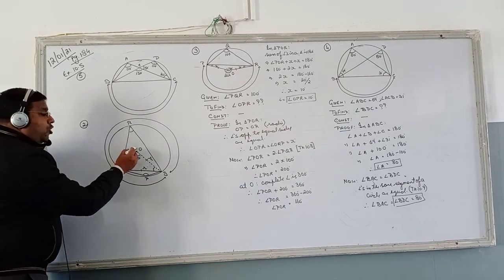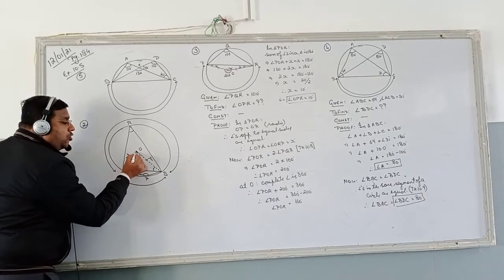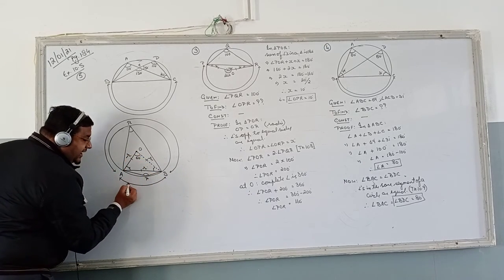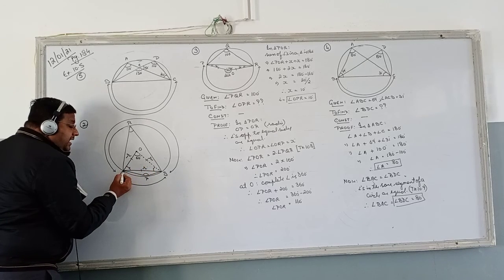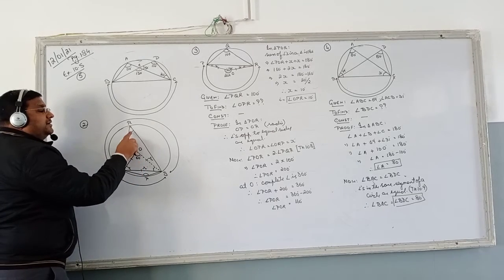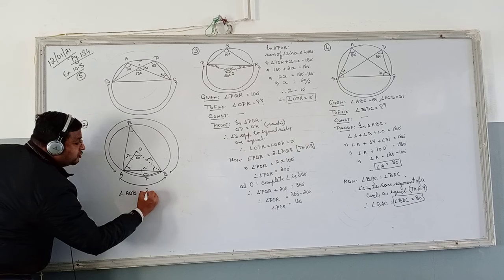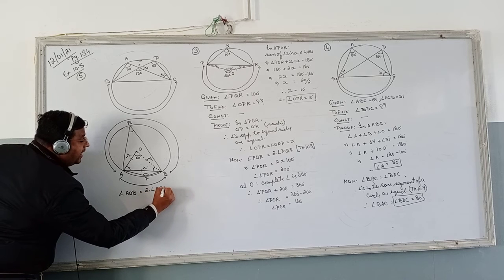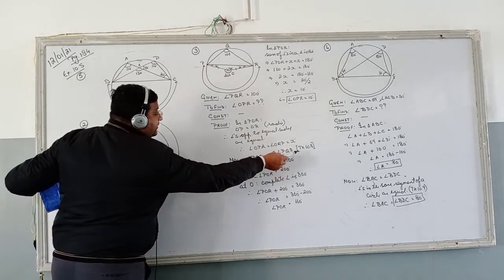Now observe, observe, observe. See, this angle O is at the center. Angle AOB, on which arc? AB. On this arc there is another angle, angle ARB. The angle at the center is double of this. Angle AOB is twice of angle ARB. Which theorem? Theorem number 10.8.